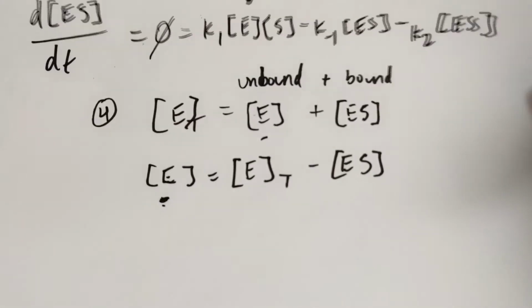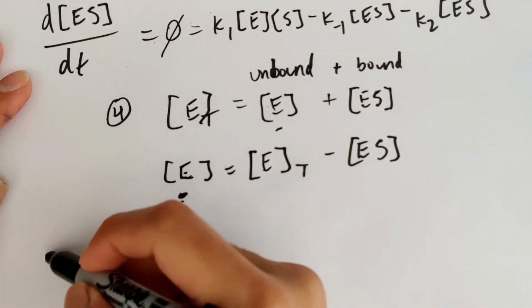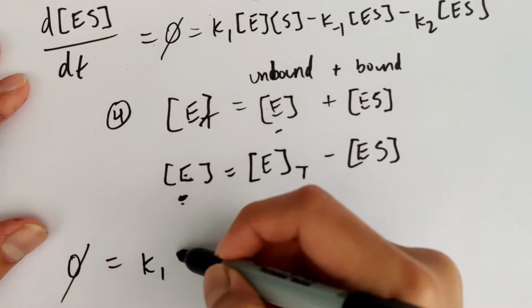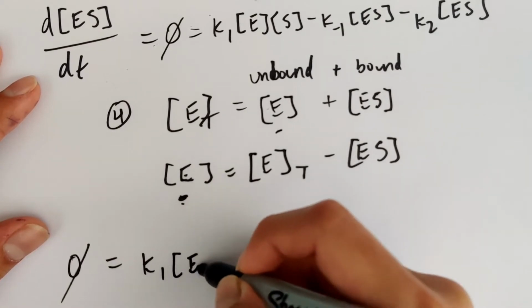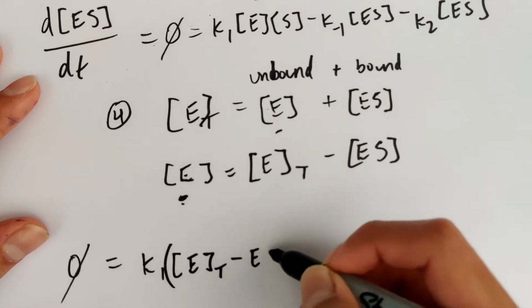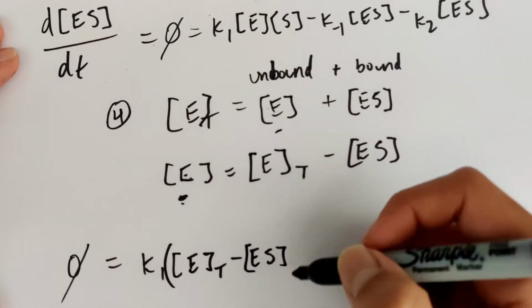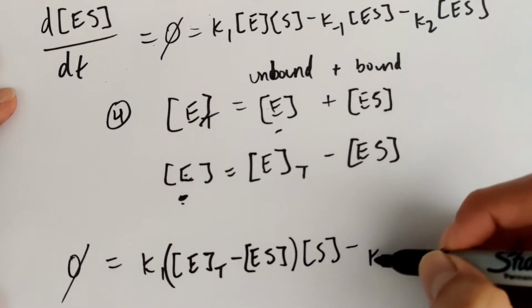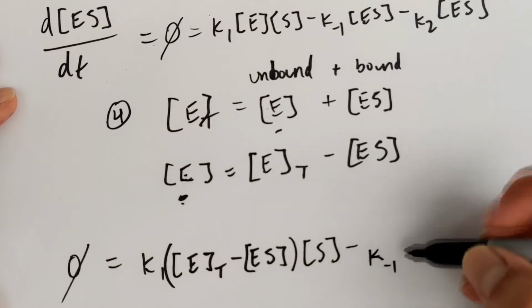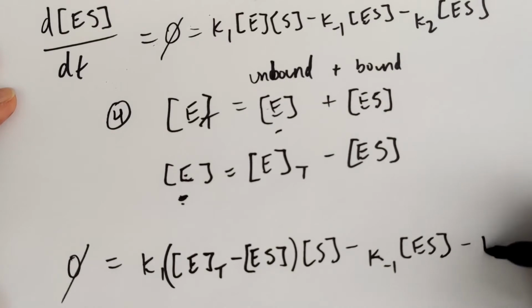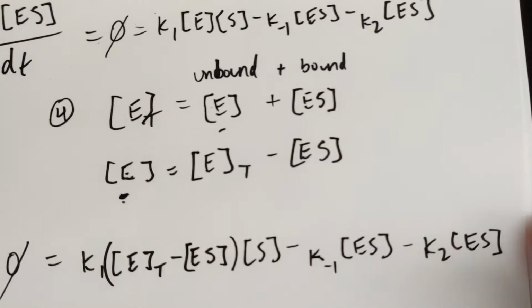In doing so, we'll just say 0 is equal to K1 times the total enzyme concentration minus the enzyme-substrate concentration, times the substrate, minus K minus 1 times [ES], minus K2 times [ES].